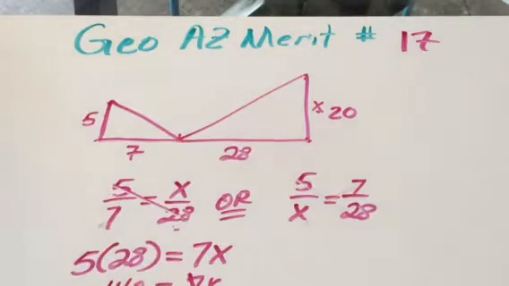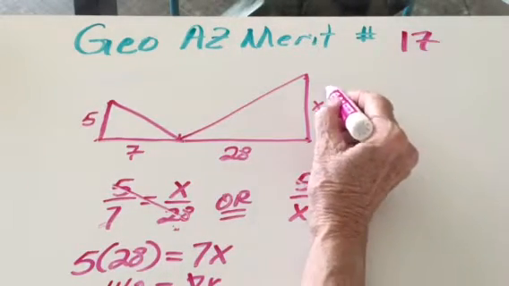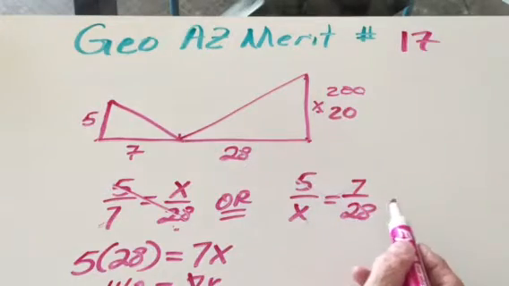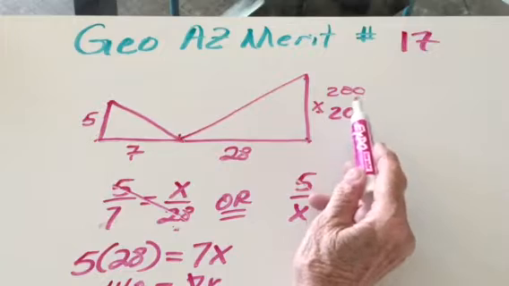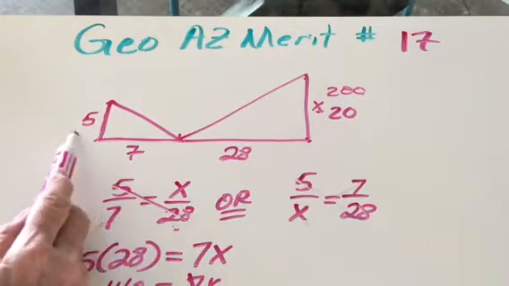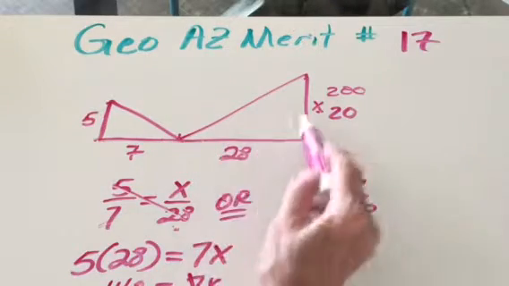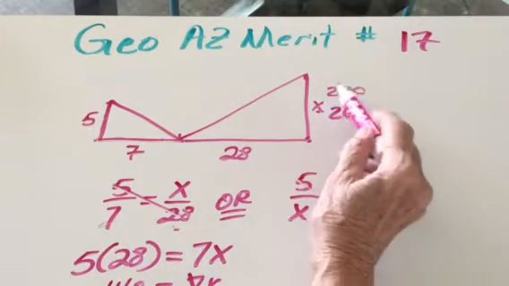But here's the thing. What if you had gotten 200 for an answer? Do you see how that would be way off? I mean, this distance is smaller than this, so I know that this number has to be less than 28. So 200 has got to be way off.